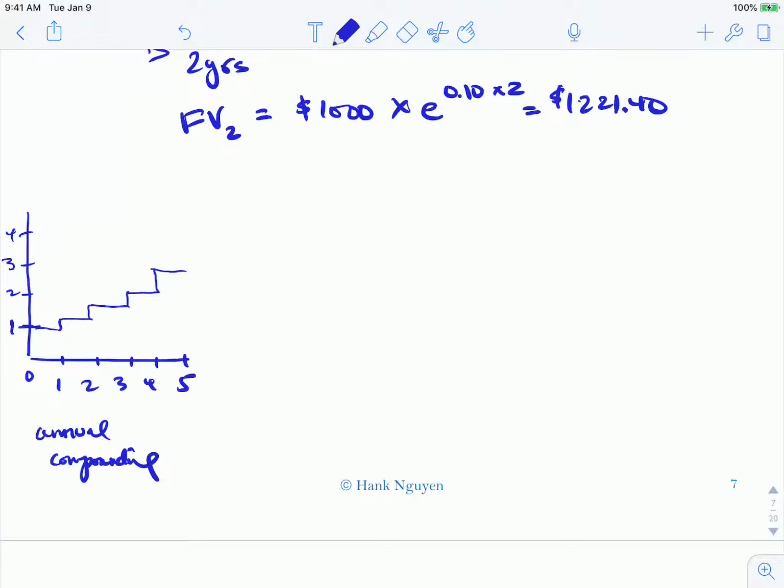These steps here are what we call interest earned.